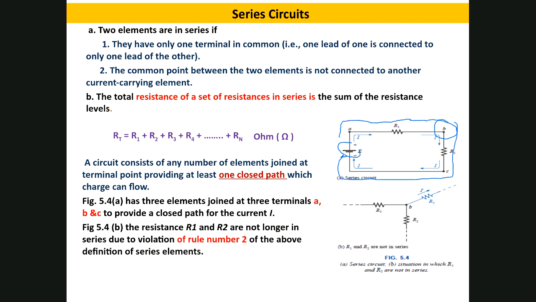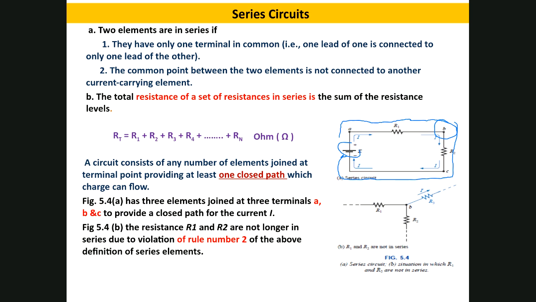We call this a closed loop. So a closed loop means you start from a point and come back again, passing through different loads and back to the same point. We call it a circuit or closed loop.